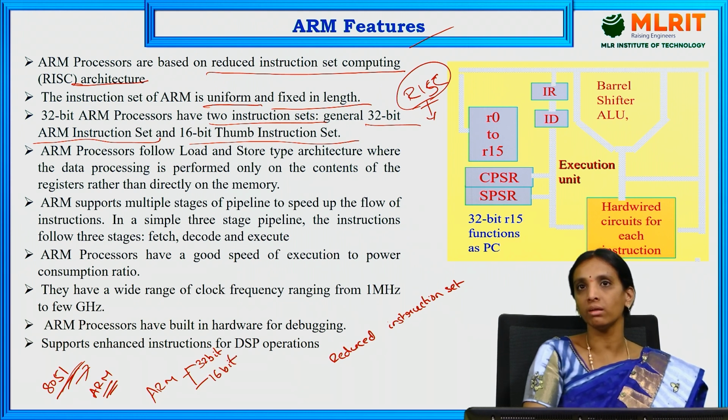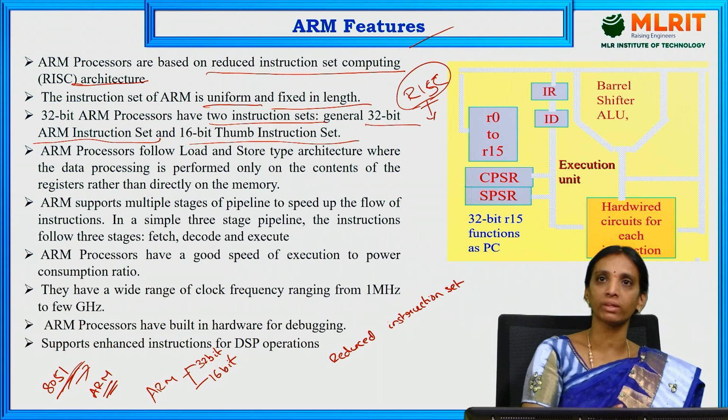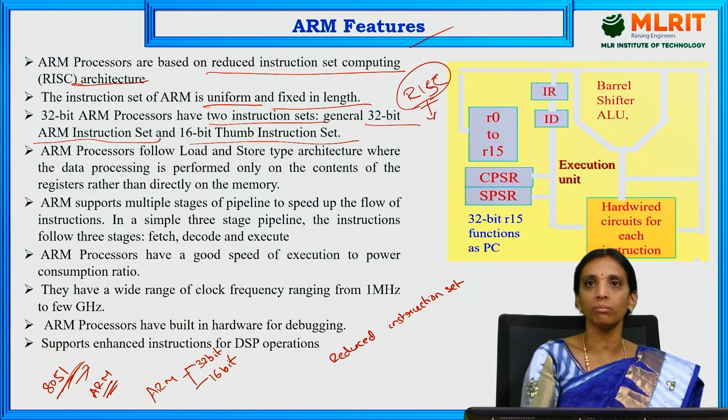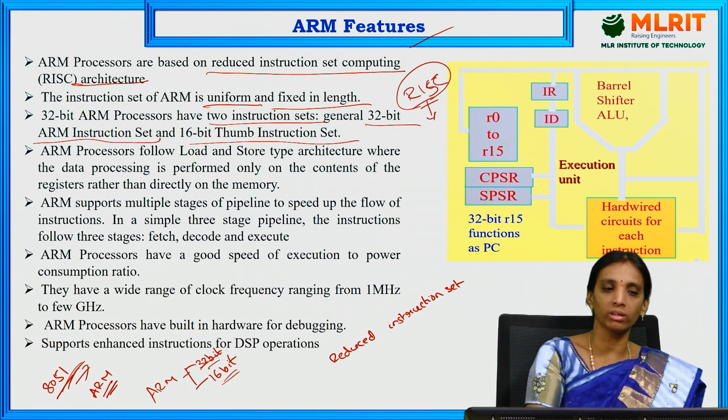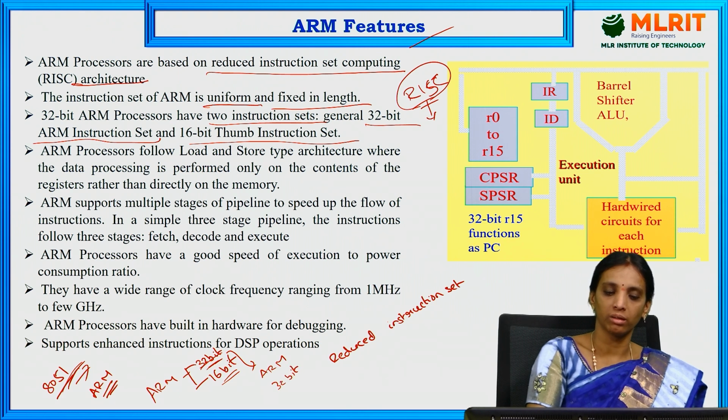Some instructions are specifically designed for 16-bit only, and some are 32-bit only. These 32-bit instructions are called the 32-bit ARM instruction set, which works on 32-bit data. Likewise, the 16-bit instructions which work on 16-bit data are known as the thumb instruction set.